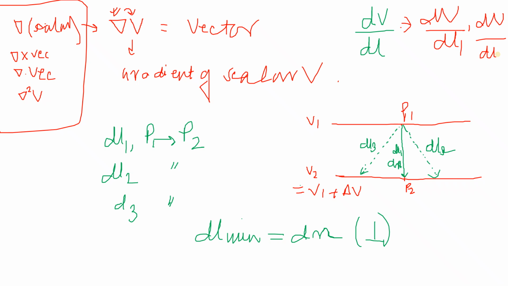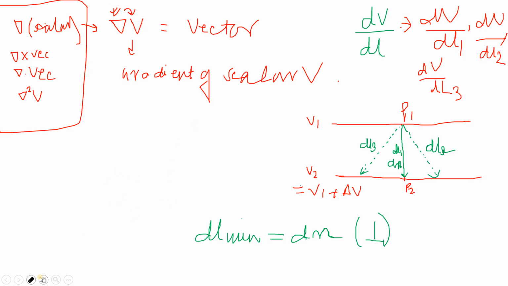We can take the dl1 path, the dl2 path, or the dl3 path. These three paths we can take. dl means it is a universal path. Now suppose if I take dl1, dl1 is less than dl2 because this is shorter, this is longer, this is also longer.